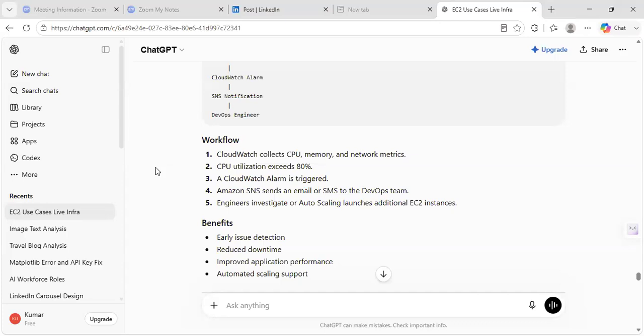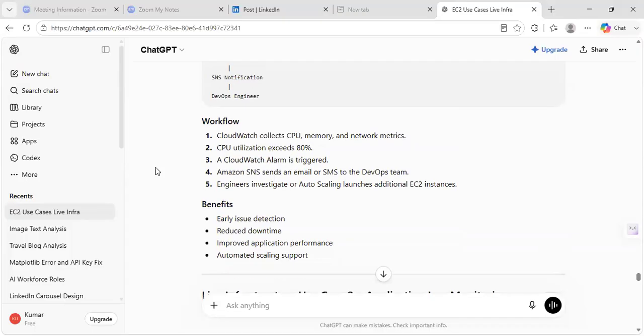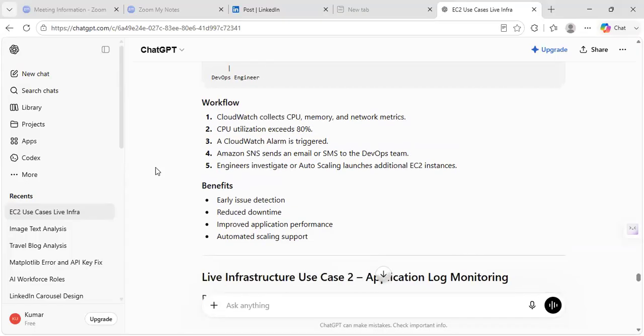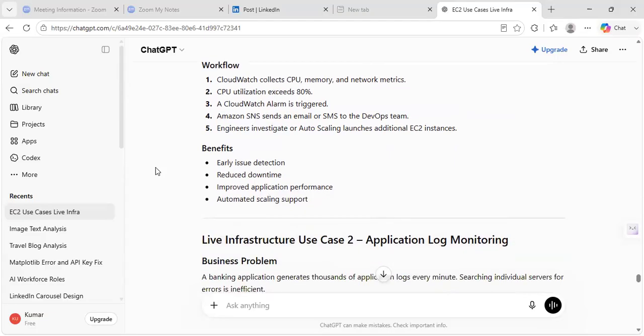Auto scale is meant for infrastructure scaling up and down and maintaining the infrastructure, designing fixed infrastructure, right? So the benefits are early issue detection, reduced downtime, improved application performance, and automated scaling support. Autoscale is added in the CloudWatch.